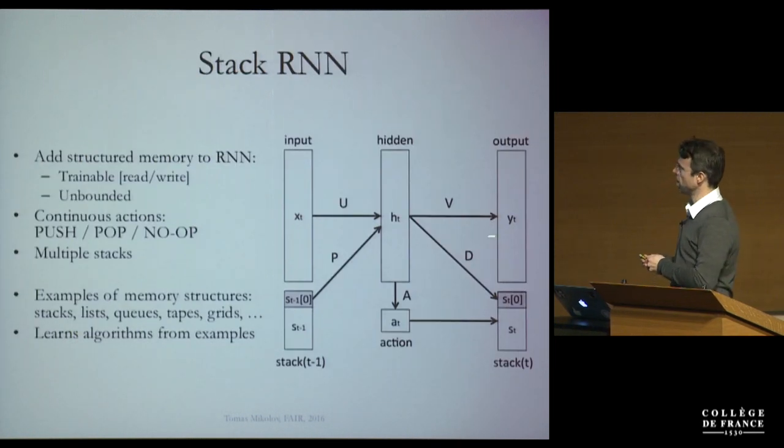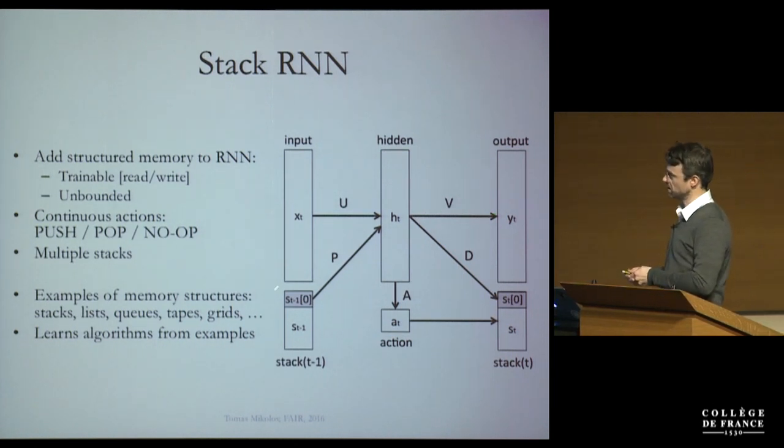The top part here is the standard recurrent net. What's different is that they have a stack attached to it, okay? In each time step, they have the ability to pop an item from the stack, which will then, through this transformation P, influence the hidden state at the current time.